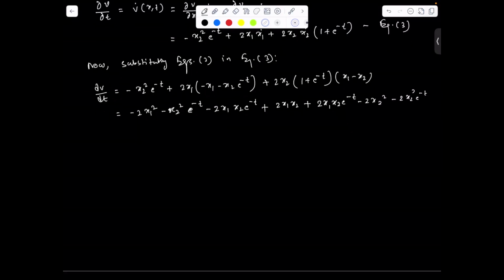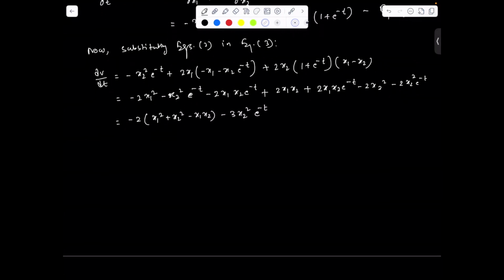It should be squared. And from this, we can write further minus 2 x1 square plus x2 square minus x1 x2 minus 3 x2 square e to the minus t.